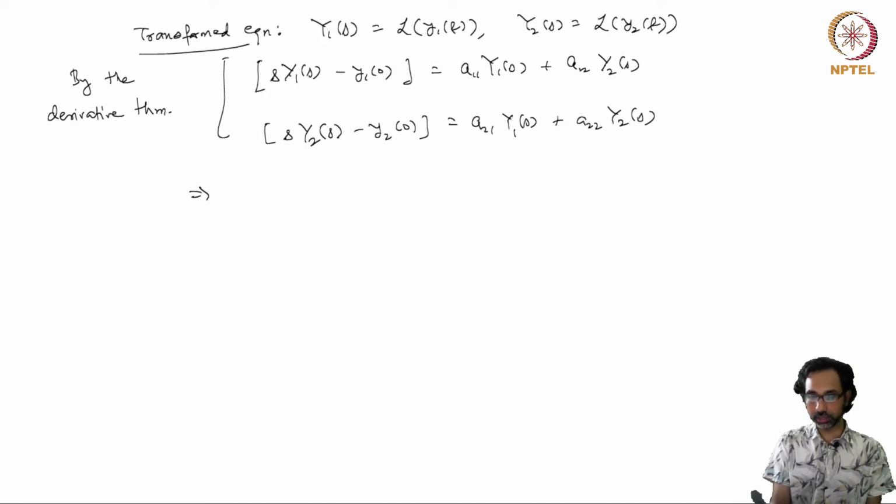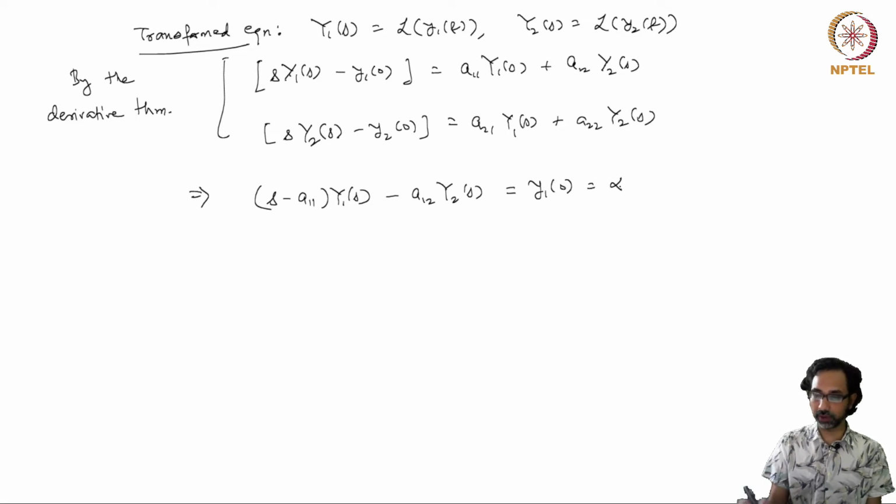Now we can rearrange and we will get a system of linear algebraic equations in two unknowns Y1(s) and Y2(s). Let's rewrite this. For the first equation, I am going to put all our Y1 and Y2 terms on one side and the constants on the other side. So we get (s minus a11) Y1(s) minus a12 Y2(s) is equal to y1(0), which is alpha.